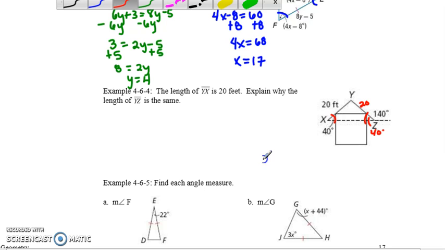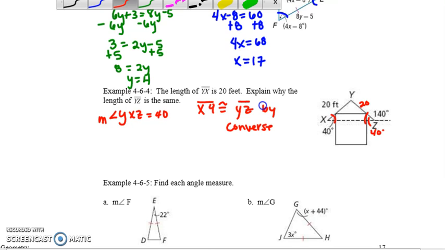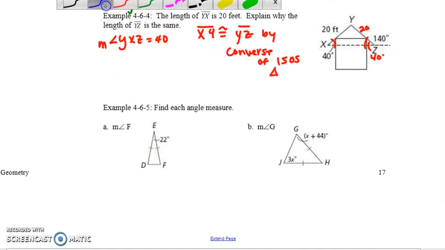So we could go ahead and say, since the measure of angle YXZ is equal to 40, then XY is congruent to YZ by the converse of isosceles triangle. Okay, so going from the angles to the sides is that converse.